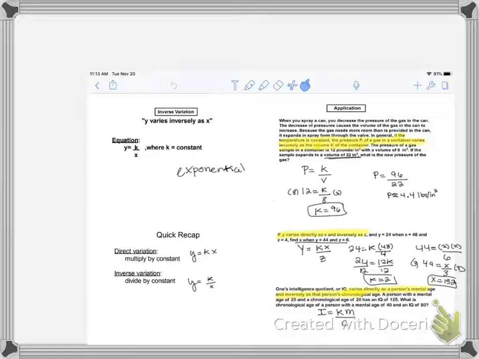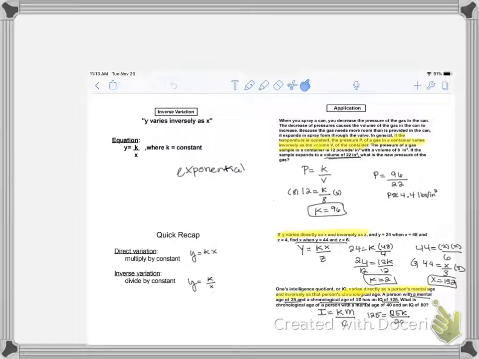So plugging in what we know, so I'm going to say, okay, 125. So a person with a mental age of 25, chronological age of 20 has an IQ of 125. So that would be 125 equals 25K over 20.